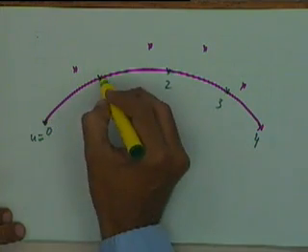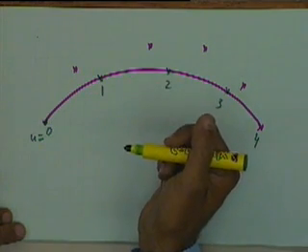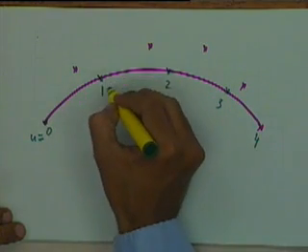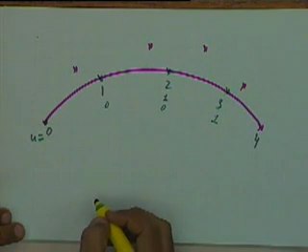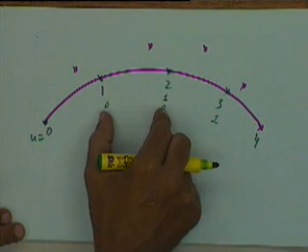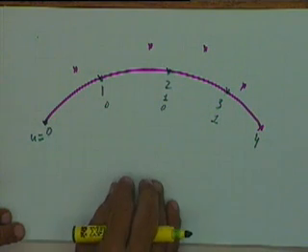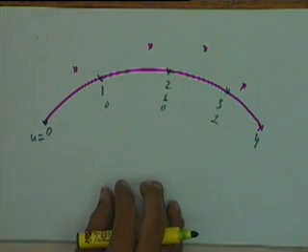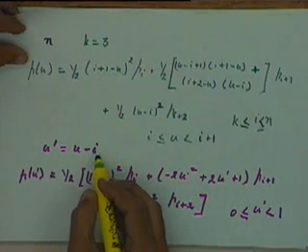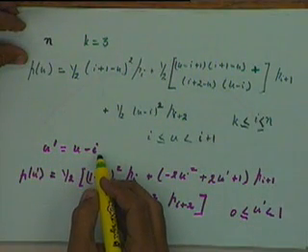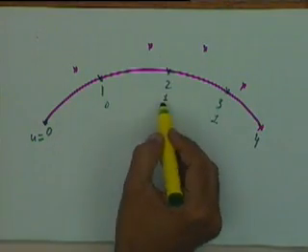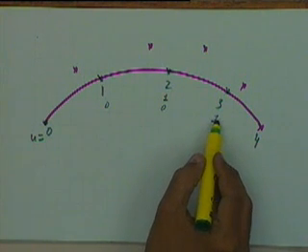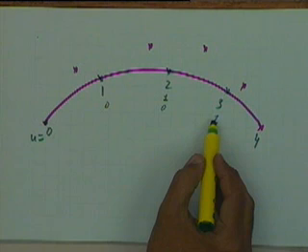Now I will define each portion of this curve as a separate curve, and I will say my u prime is changing from 0 to 1 here, also changing from 0 to 1 here, and 0 to 1 here, and so on. So in each portion I will have a different parameter which will be varying from 0 to 1, because I have said u prime is u minus i. If in this case i is equal to 1, u prime will vary from 0 to 1. Again u prime will vary from 0 to 1 here, and so on.